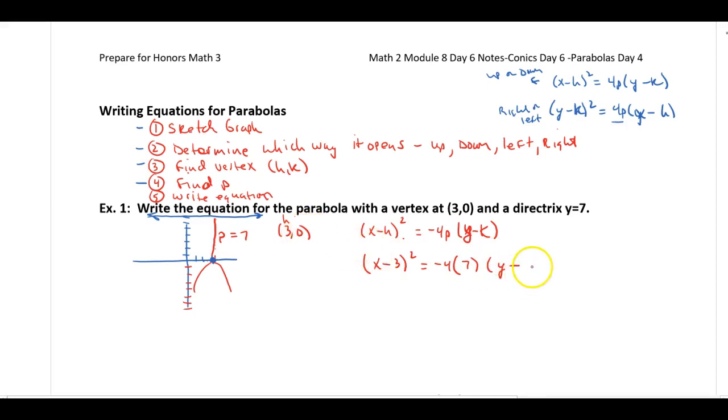Well, k is 0. So now let's make this look a little cleaner. So x minus 3 squared equals negative 4 times 7 is negative 28 times y minus 0. Another way you could write this one is x minus 3 squared equals negative 28y, because y minus 0 is just going to be y. Okay?